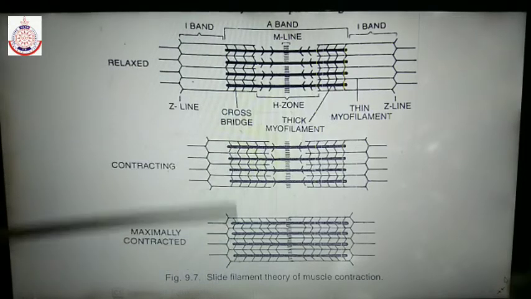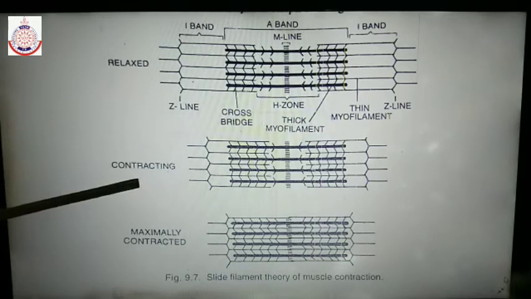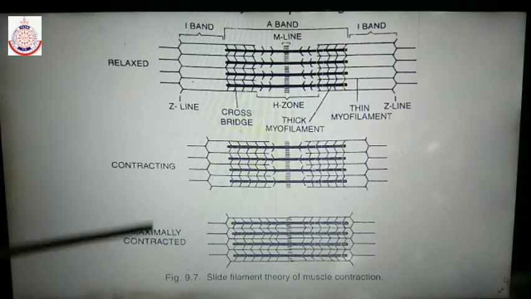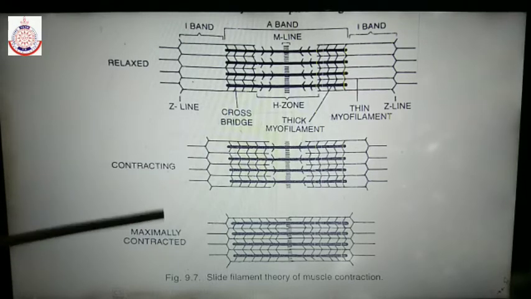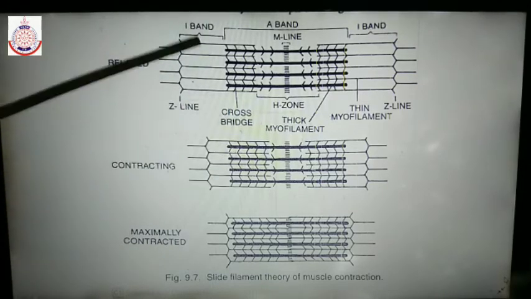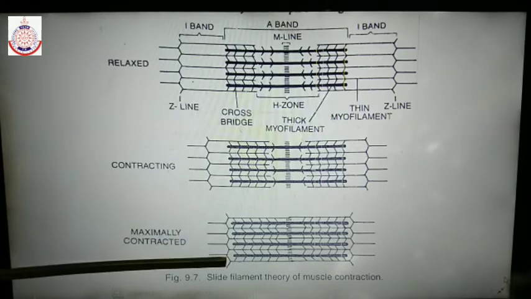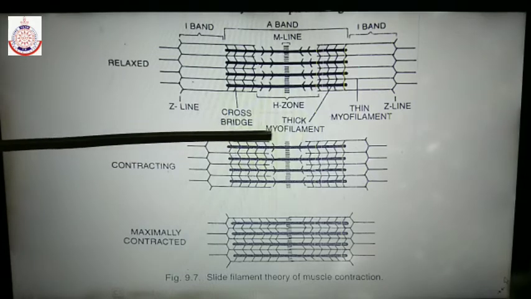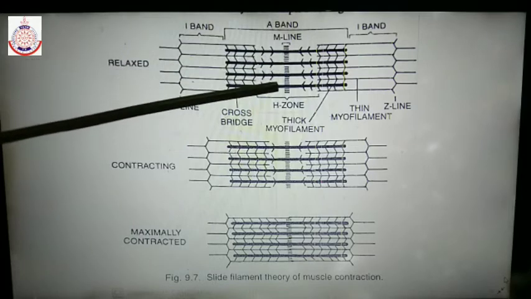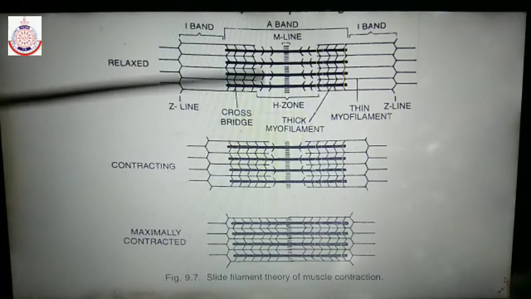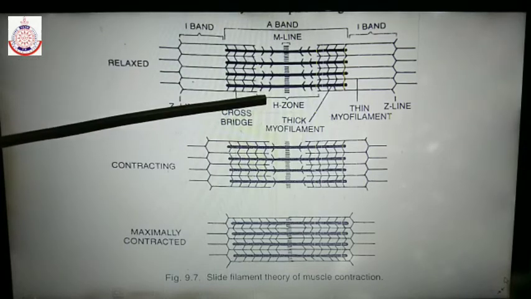You can see in the diagram, this is the relaxed stage, and this is the contracting stage, where the muscle is under maximum contraction. During contraction, the size of the I band decreases, and these actin filaments move towards the A band. This is the A band, the anisotropic band. So they move inward, towards the A band.